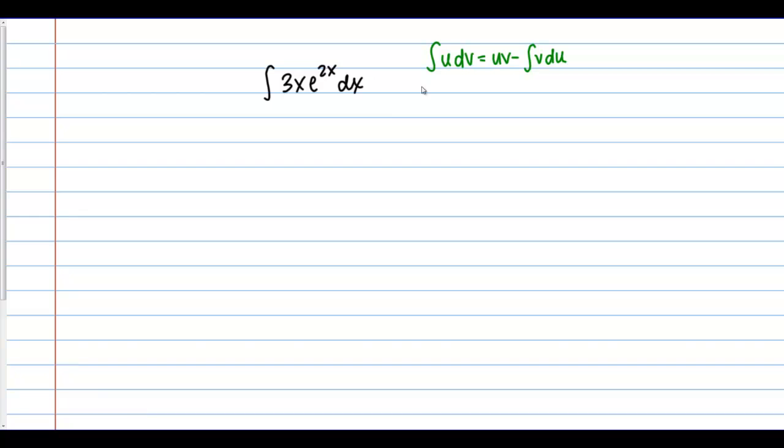Now, to use integration by parts, we have to be able to identify what u should be and what dv should be from our original expression. And then from there, we'll compute du and v by taking the derivative and integrating respectively.